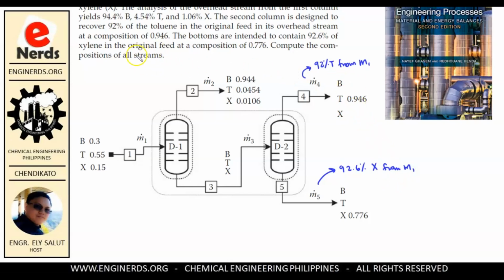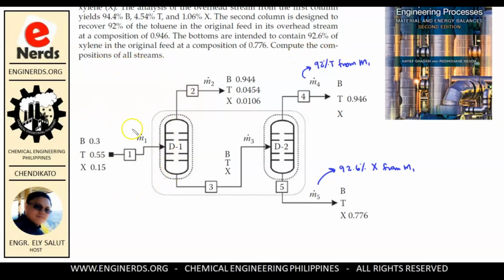Okay, because this is coming from the original feed with a composition of 0.776. So ito yung composition ng ating xylene here, 0.776. While dito naman sa ating overhead, our toluene composition is 0.946.